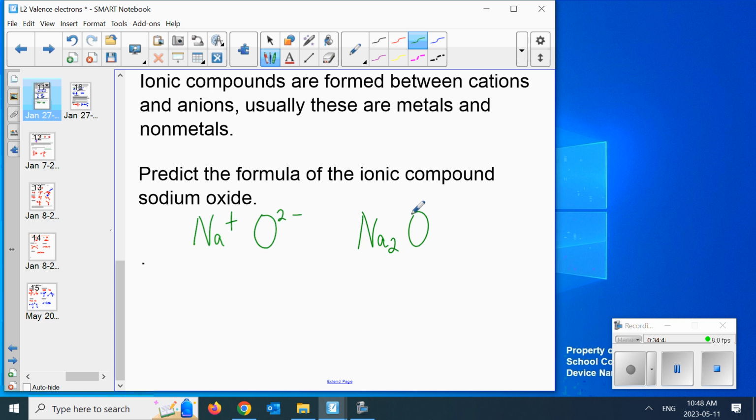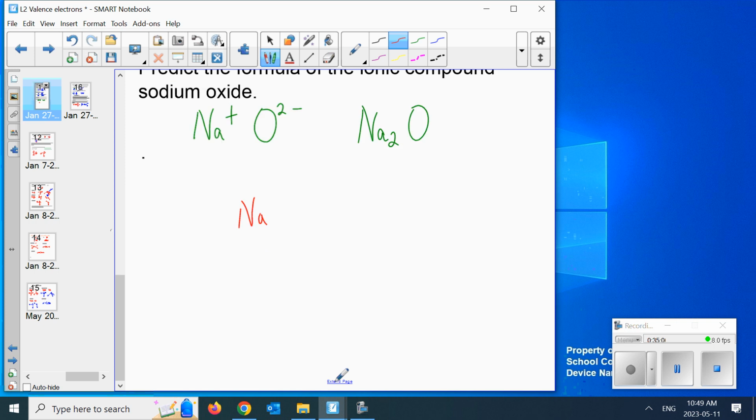But as far as a diagram, see if this makes sense. If I have sodium, and we know it's 2 Na, I put this sodium as an atom, not as an ion. Then I have oxygen.